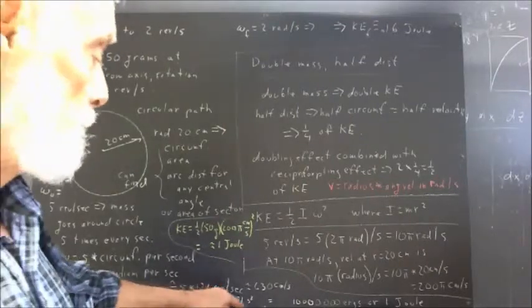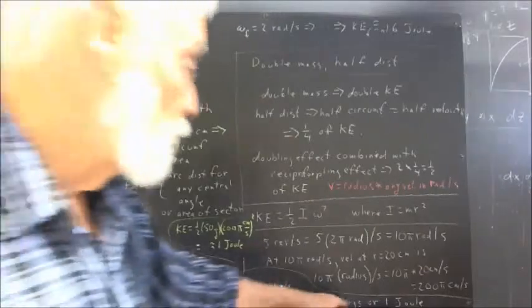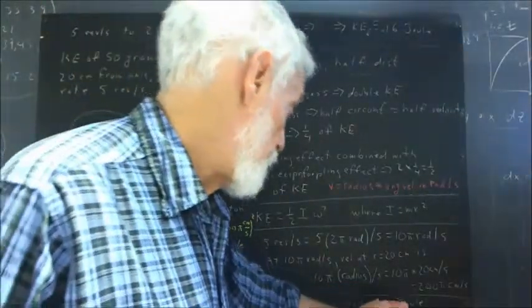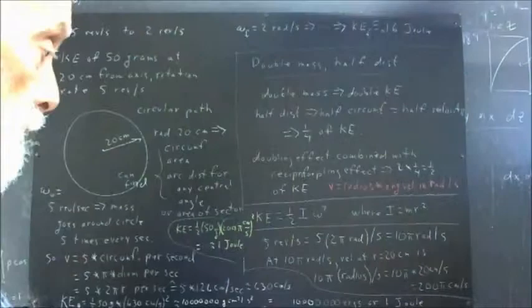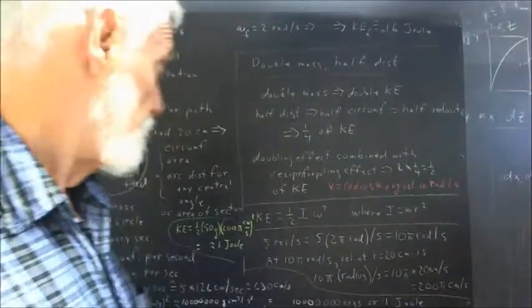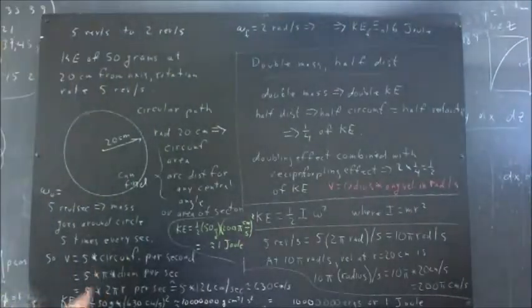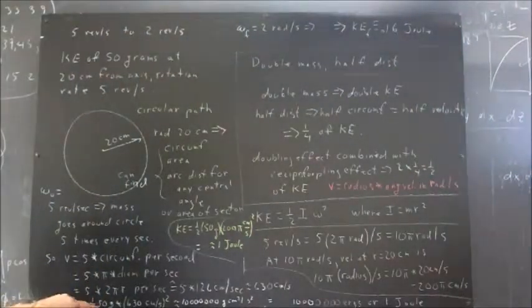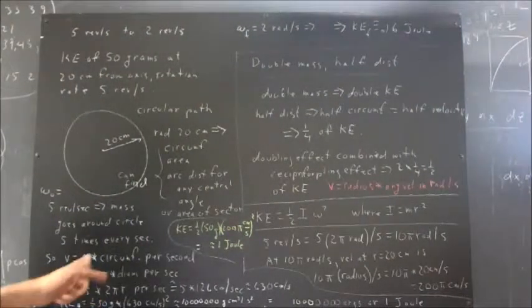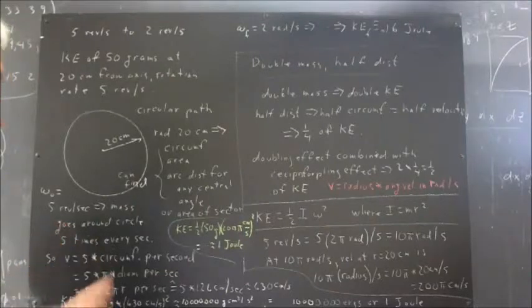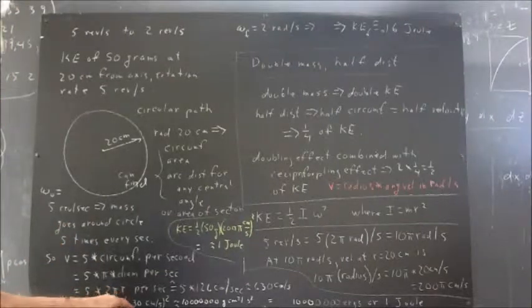Now, gram centimeter squared per second squared is an erg, that is a unit of energy. It's not our SI unit, but it's closely related to it. And 10 million ergs is 1 joule. We could also get the 1 joule by making that 50 grams 0.05 kilograms, and the velocity 6.3 meters per second.